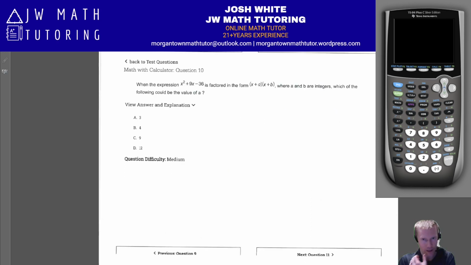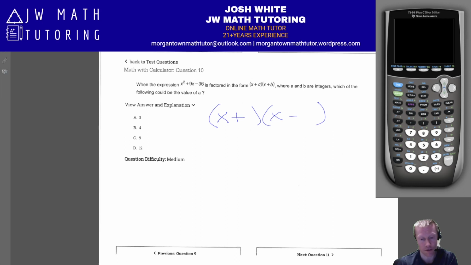All right, question number 10. Here we have a trinomial expression, and they're asking about factoring it. If we do that, this one I would probably just say use trial and error, because we know it's going to be x and x. And because the c term, the -36 here at the end, the number term, is negative, the signs are going to be opposite.